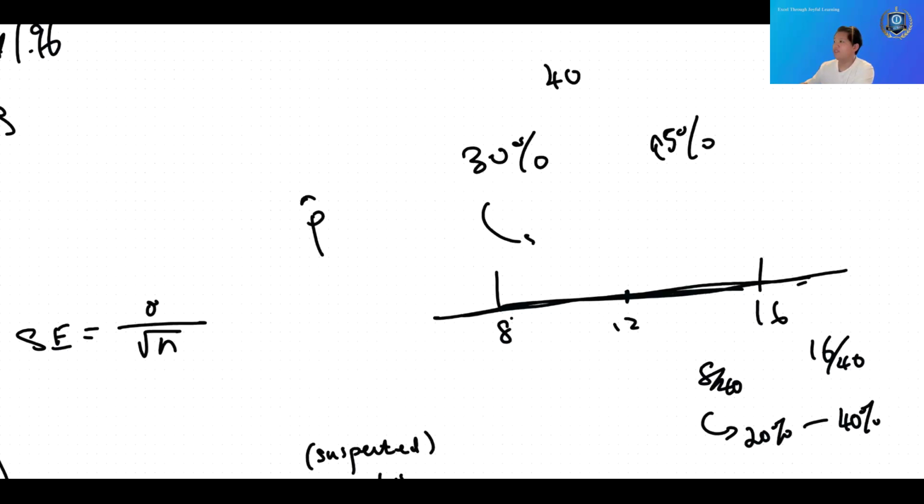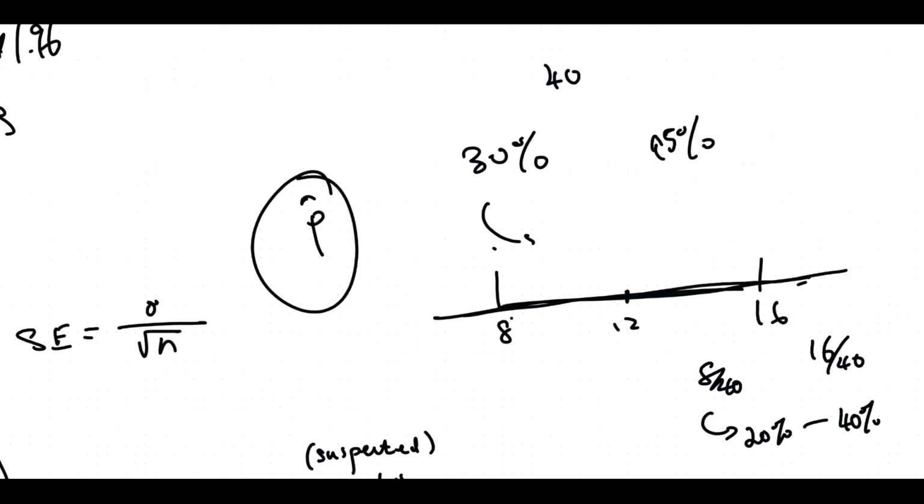And the other way, of course, is you know your sample proportion, and based on that you're trying to find the actual proportion. The statement you'd make then is that there's a 95% chance that the true mean is between these two numbers. So that's what p hat and p are.